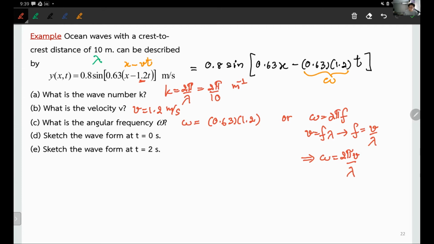However, this one will go around the world just to get back to the same answer. Because you can then plug in 2 pi v, which is 1.2, and the lambda that you got is just 10. Oh, are they the same?